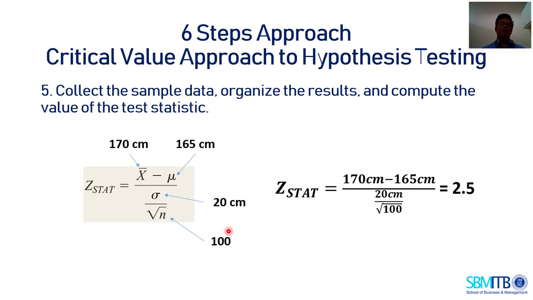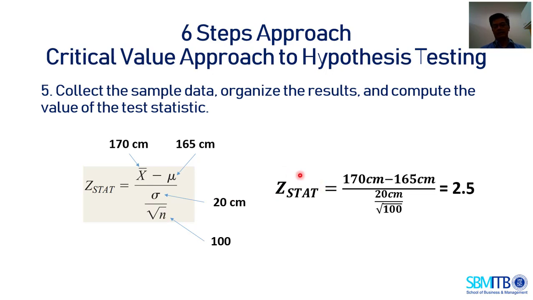The fifth step will be collect the sample data, organize the results, and compute the value of the test statistics. As we know, the z statistics can be computed as x bar minus mu, divided by sigma divided by the square root of n.